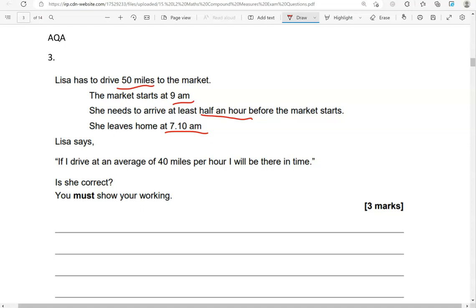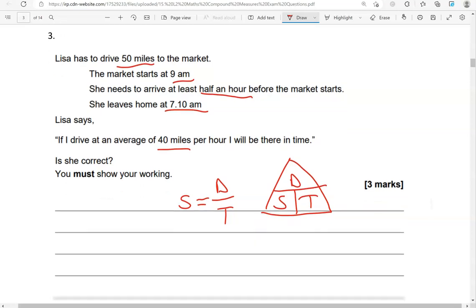So again, we've got to use the speed formula. What we know is the speed. We also know the distance. We don't know how long it will take.